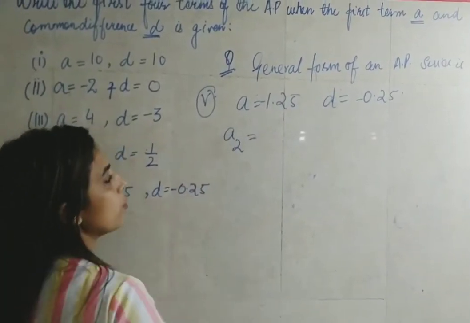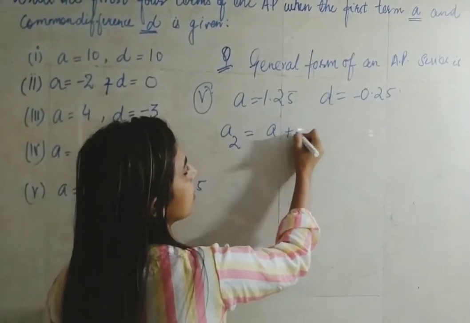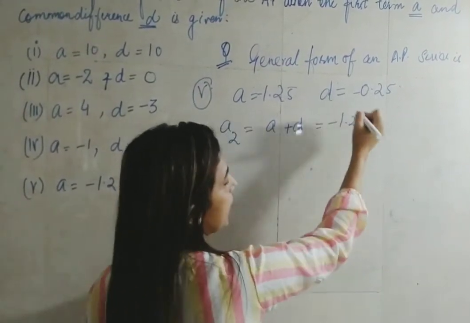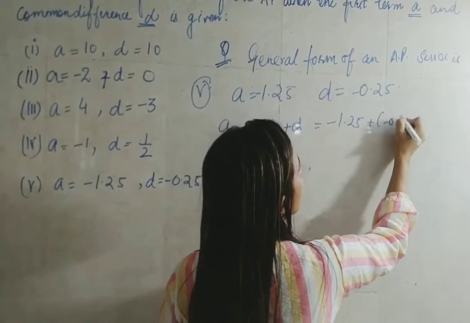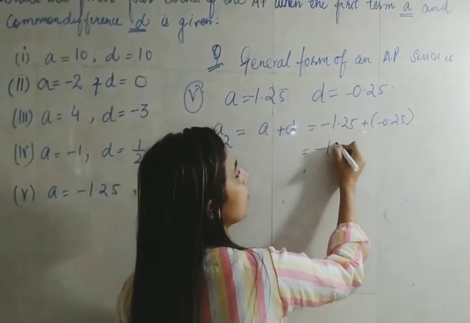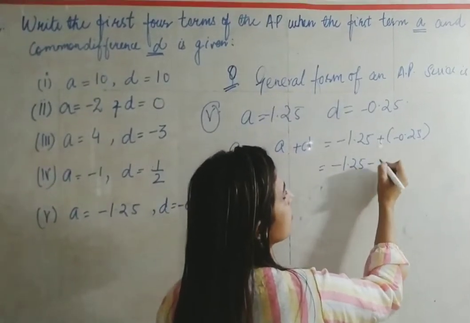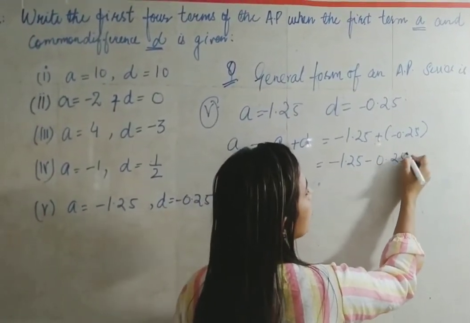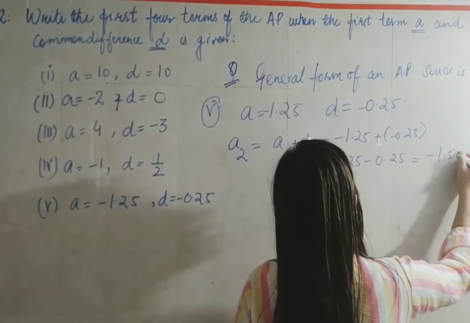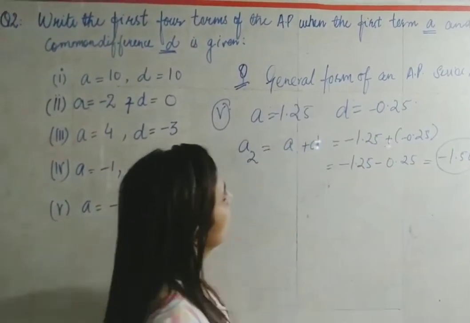A2 will be equal to A1 plus D, where A1 is minus 1.25 and D is minus 0.25, and it will become minus 1.25 plus minus 0.25, that is minus 1.50.